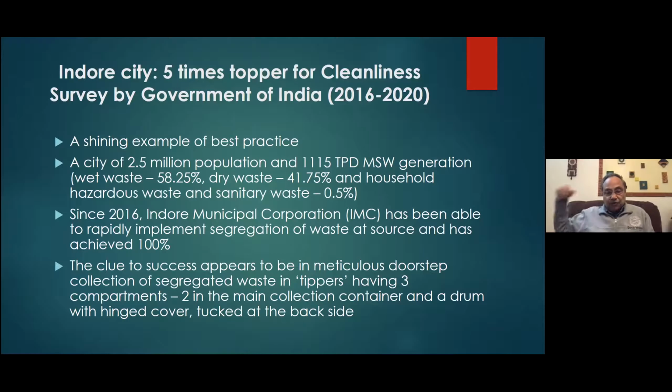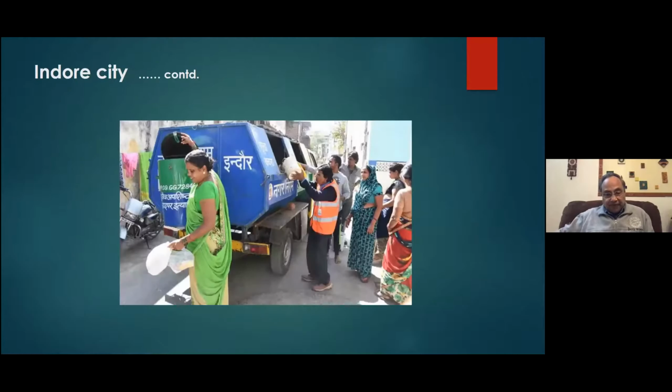The next photo would show. Here you can see in the main body there are two sections for the wet waste and the dry waste, and at the back the small drum, which is for household hazardous waste. This has a lid.